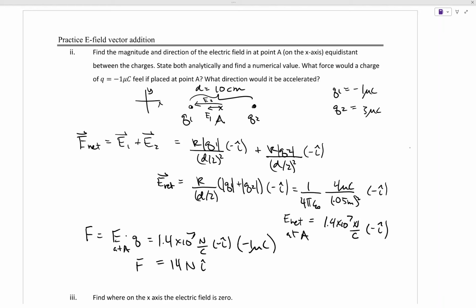Does this make sense? Hopefully, because if the electric field was pointing like this, and you put a negative charge on it, the force on that charge is going to be in the opposite direction to the electric field line. So the force would point in the positive I hat direction.